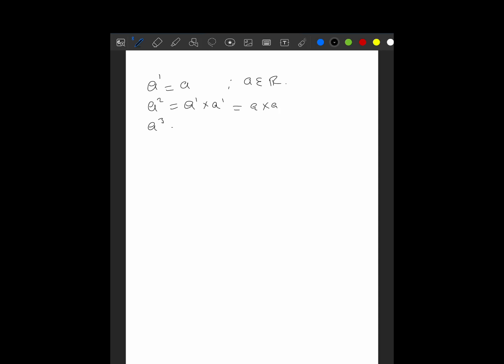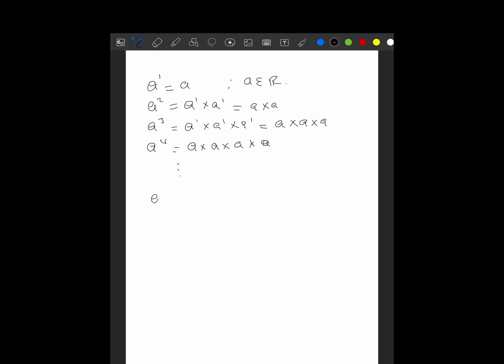Now, a power 3 is a power 1 times a power 1 times a power 1, which is equal to a times a times a. A power 4 is a times a times a times a, 4 times.